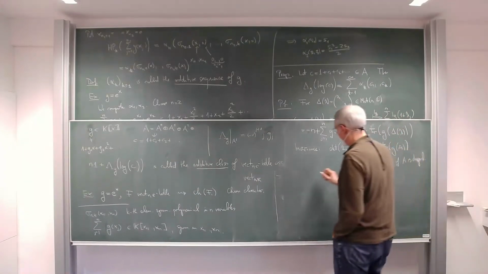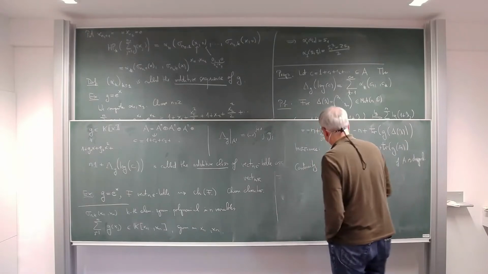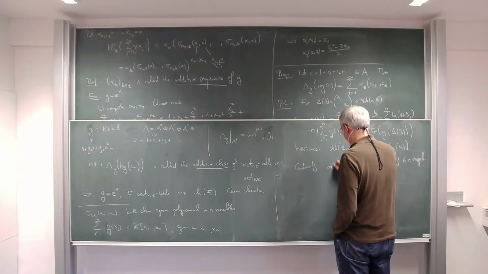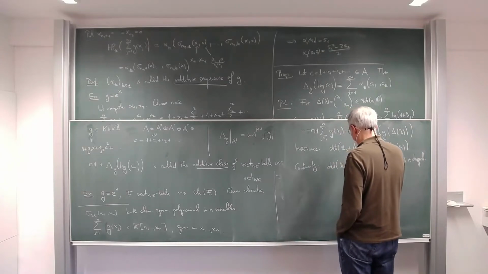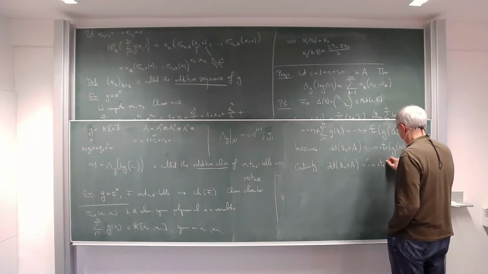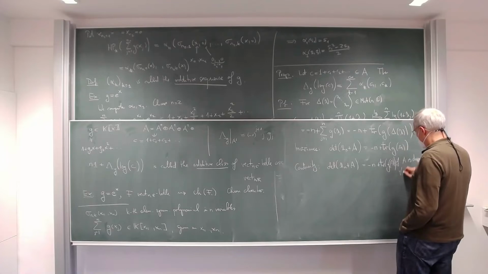And by continuity, since diagonalizable matrices are dense in all matrices, this remains true for all matrices. The same formula is still true for all A.